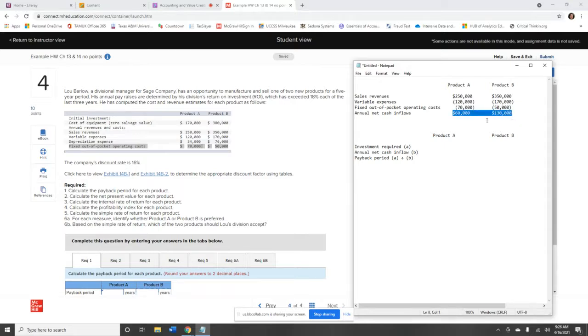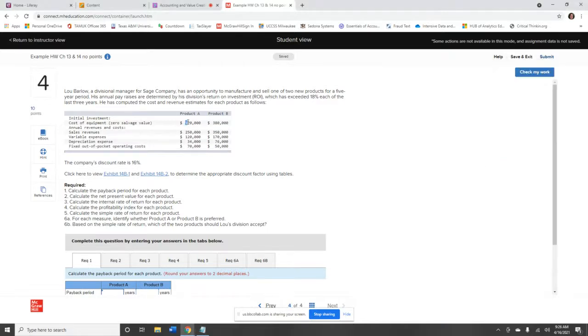And I need those to calculate my payback period, right? In fact, I'll just cut and paste those, right? Okay, so for product A, oh, I'm sorry, that doesn't go there. That goes here in the cash inflow. All right, so 60,000 cash inflow for product A and 130,000 inflow for product B. So definitely product B has more cash inflow, but this is what's gonna matter is this cost, right?